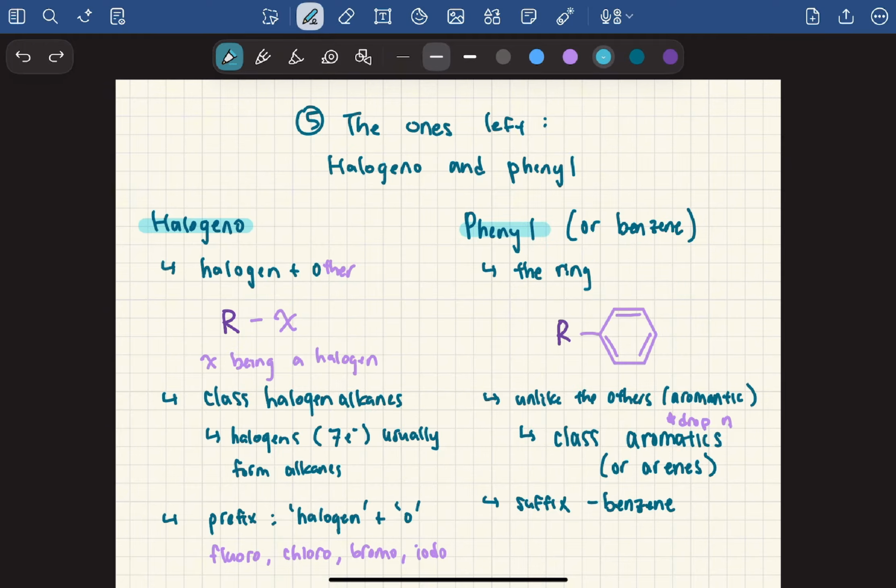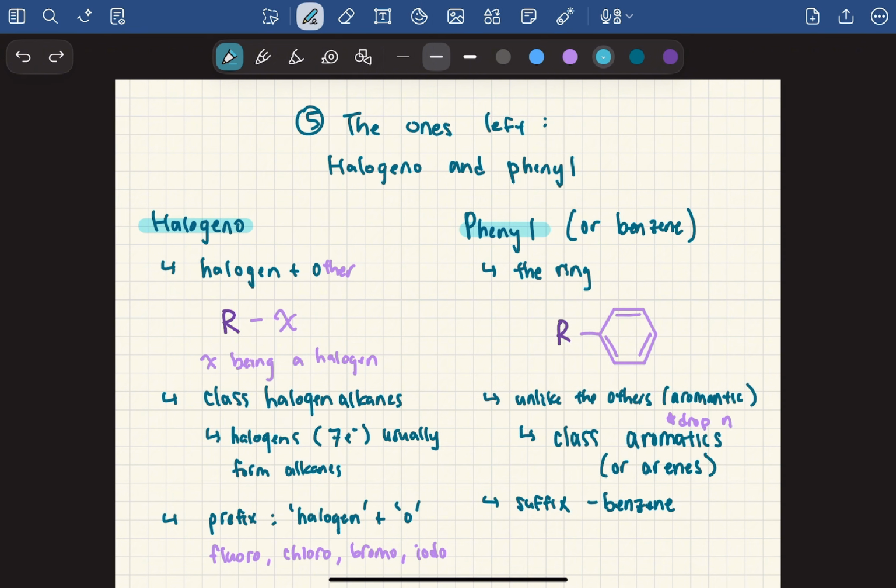And lastly, the two functional groups left. They're halogeno and phenyl. I don't actually know if I'm saying these right, but halogeno you can think about as halogen plus O, with the O meaning other. So don't add an oxygen to this, it's just other. So it's going to be R, whatever compound, bonded to a halogen, and it's usually just fluorine, chlorine, bromine, or iodine, as seen down here. The prefix would just be the first part of the halogen plus O. So fluorine would become fluoro, and then chloro, bromo, iodo.